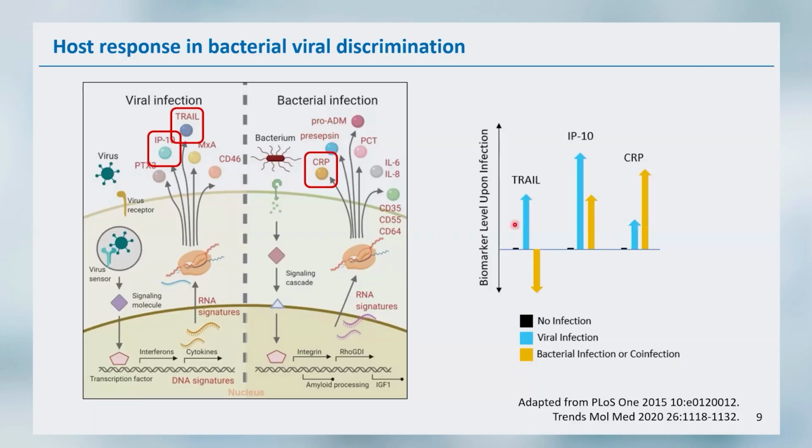In bacterial infection, the TRAIL level actually decreases. The IP10 is induced, but not as high as in viral infection, and the CRP, of course, is the highest in bacterial infection. It's by integrating the serum response in this way that the test can distinguish bacterial from viral infection. But it's not simply measuring these three and then coming up with a simple answer.